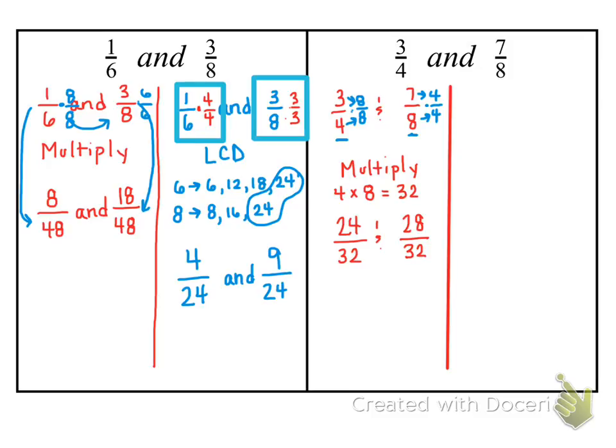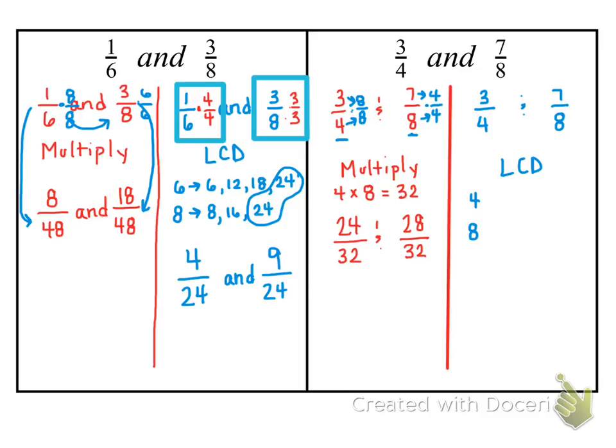And the last thing we're going to do the same thing. We're going to take 3/4 and 7/8, and we are going to try to find the lowest common denominator. Now we're going to use 4 and 8.